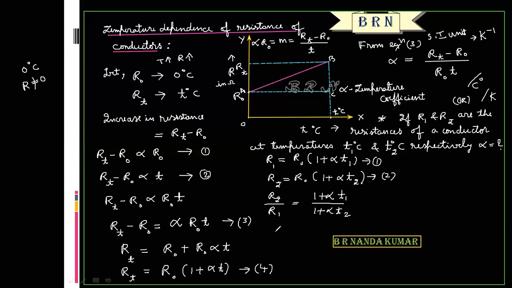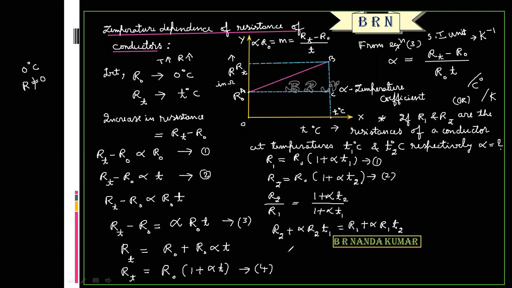Cross multiplying, R2 plus alpha R2 T1 is equal to R1 plus alpha R1 T2.